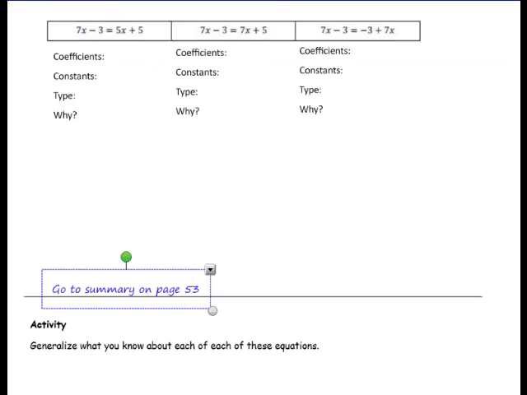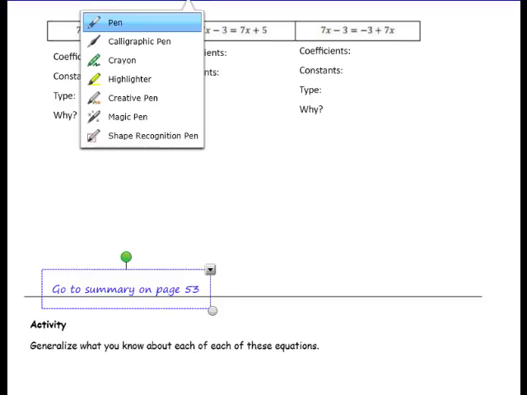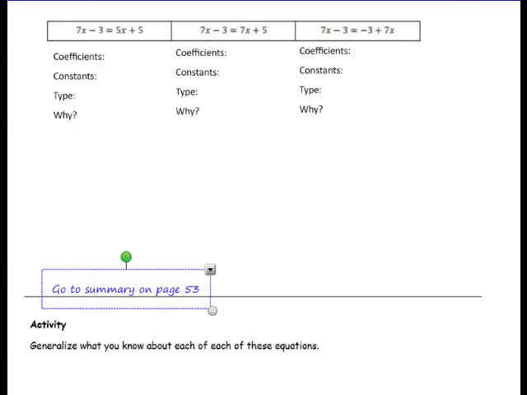Let's take a close look at the equations we just talked about and take a look at the coefficients and the constants, because that is how we determine what type of a solution the equation will have. In the first problem, the coefficients are different and the constants are different. What kind of an equation will that be?